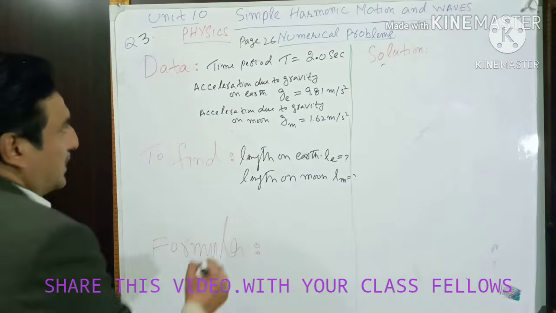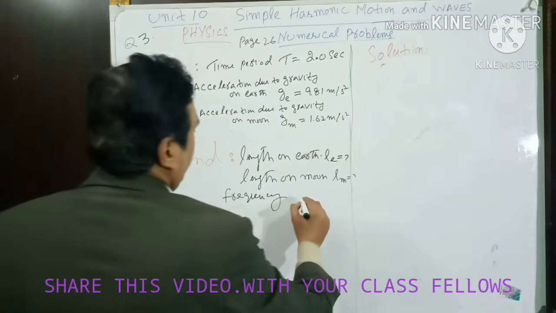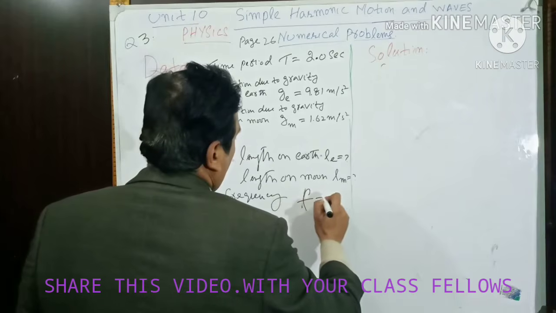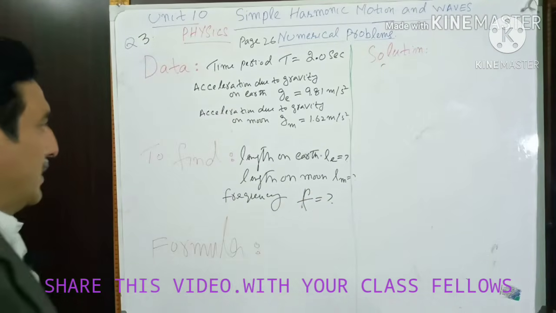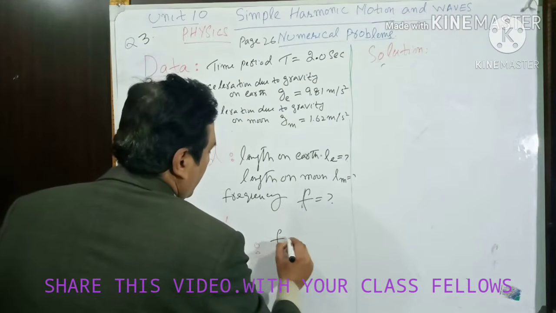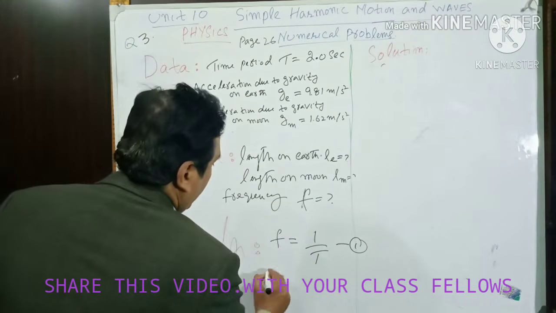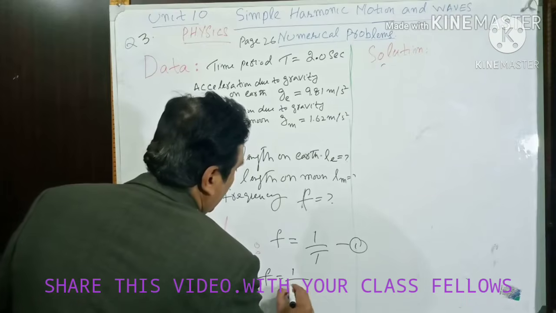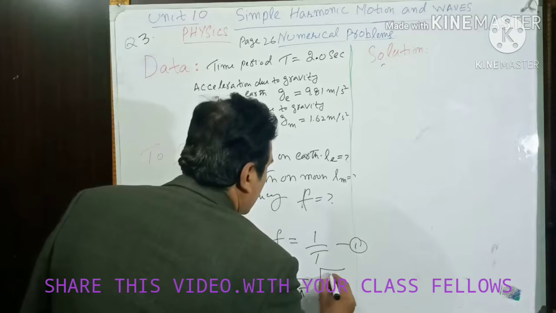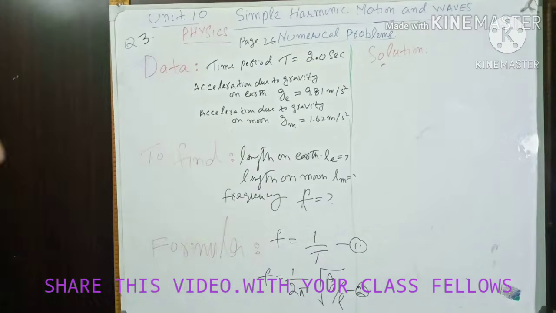इसके अलावा हमें टाइम पीरियड भी फाइंड करना है, सॉरी फ्रीक्वेंसी F. Frequency is reciprocal of time period. फिर हम लेंथ फाइंड करेंगे. F is equal to 1 by 2 pi under the root G by L. Solution.